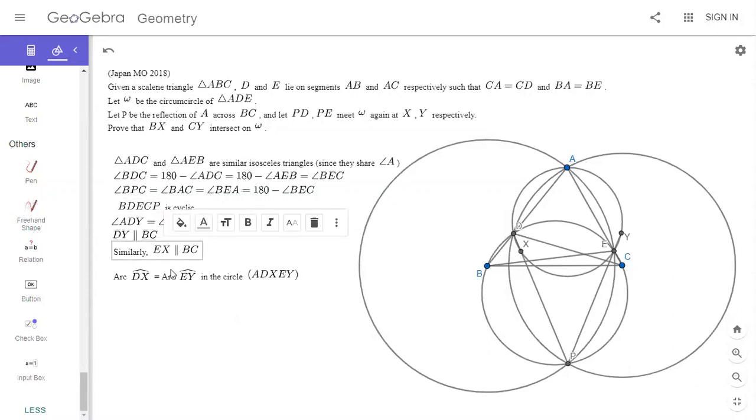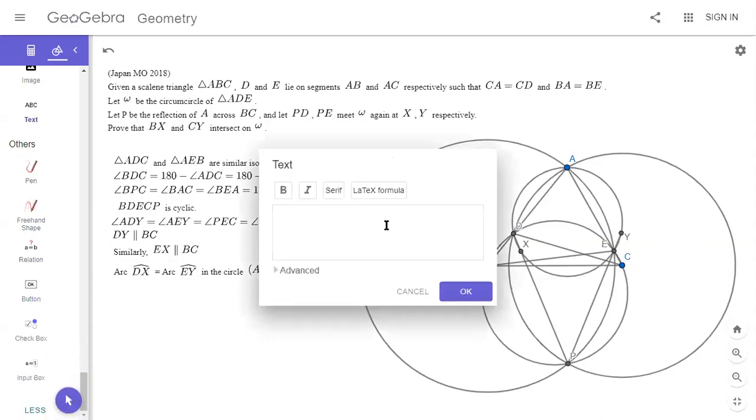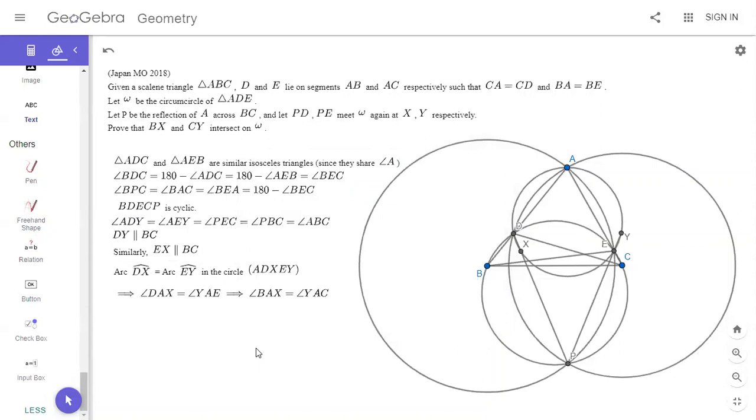Then since those two arcs are equal, that means angle BAX equals angle YAE. And that means angle BAX equals angle YAC. Okay. We also have AX is equal to AE and AD is equal to AY, we have a bunch of equal segments here.